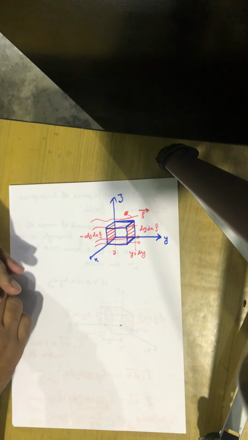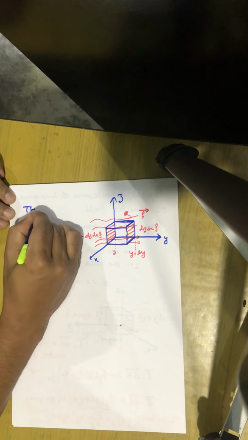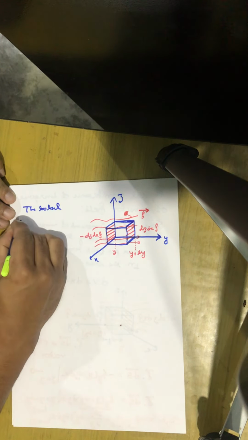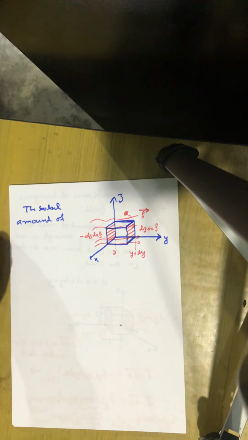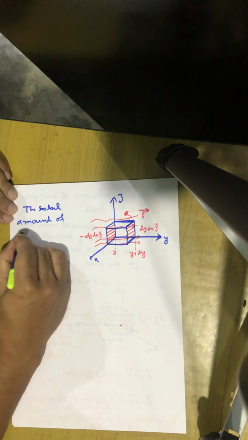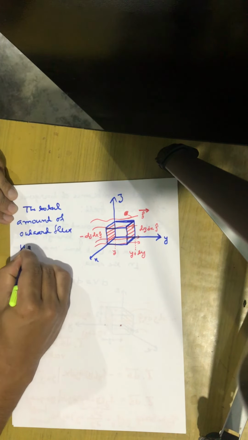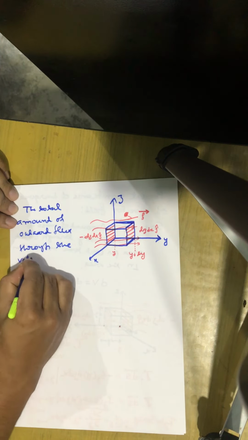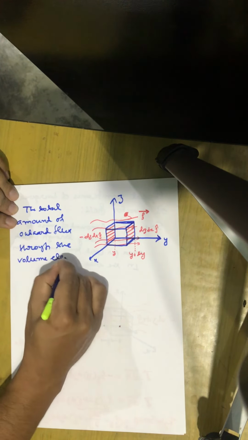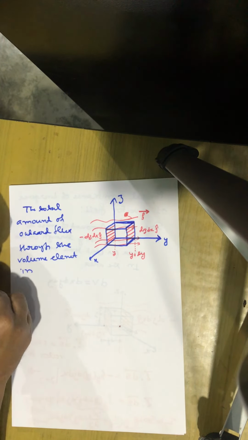Good morning, student. If we continue from the last part of the lecture, one can see the total amount of outward flux through the volume element in the y direction.